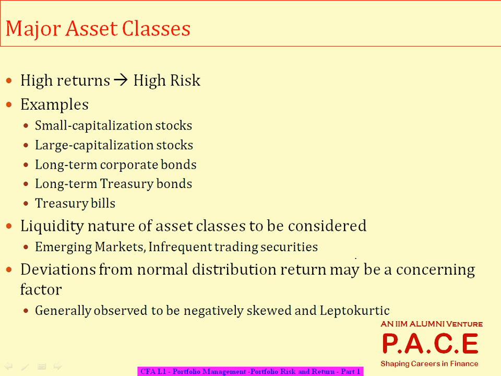So historically it has been observed that treasury bills will have the lowest amount of risk. Then long-term treasury bonds, again government bonds. Treasury bills are more short-term. Long-term ones are slightly risky because government may default. Then long-term corporate are slightly more risky.